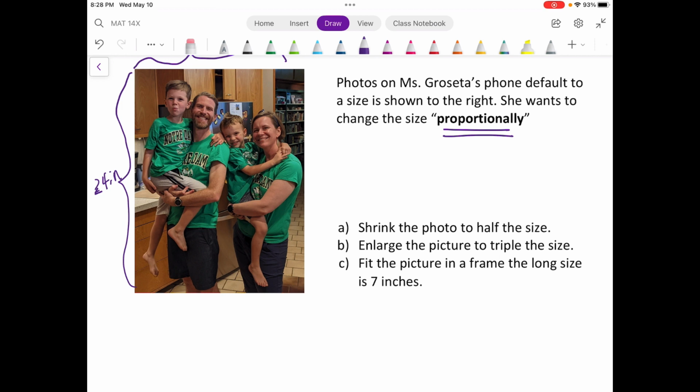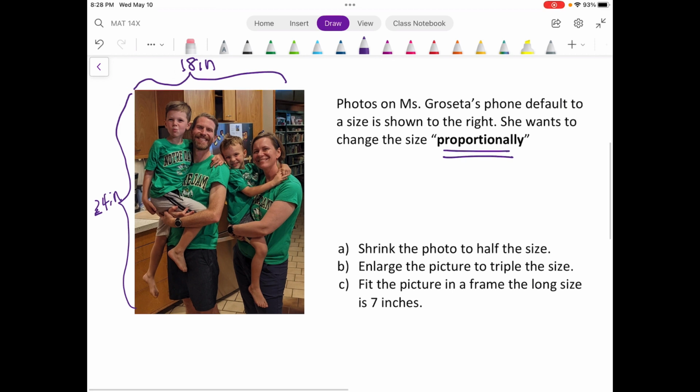So we want to shrink the photo to half its size. And as I said, we want to maintain that 18 inches to 24 inches relationship. But in our new photo, everything's going to be half the size. That means we're going to be multiplying each of our side lengths by a half. So 18 inches times a half would mean the new photo is 9 inches wide.